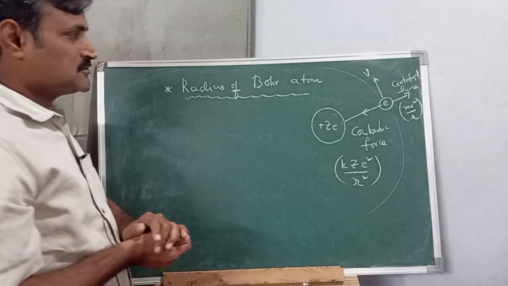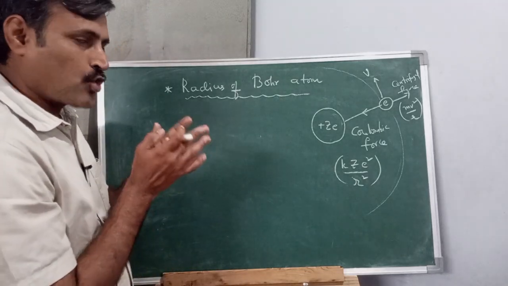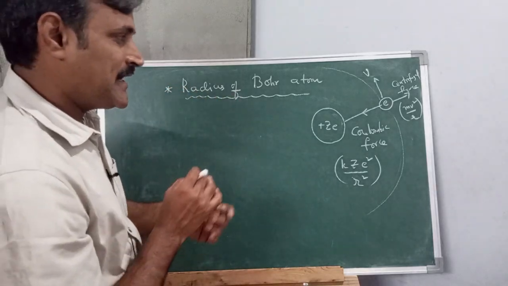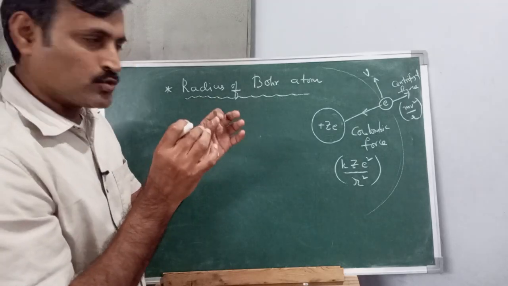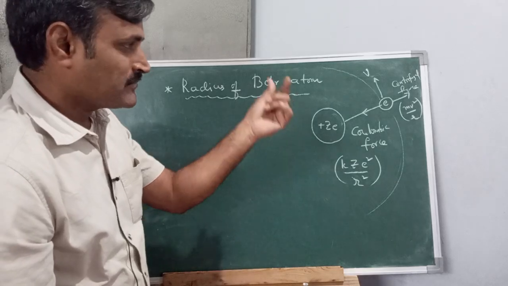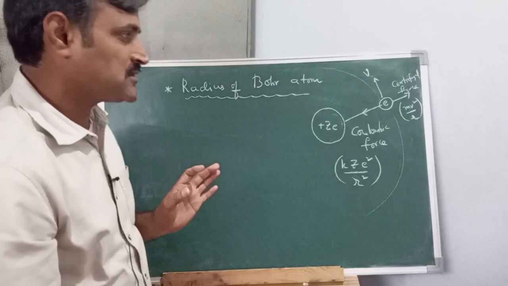Bohr's theory successfully explained this concept of forces of attraction, and to make the electron stable, it needs to continue in the orbit, meaning it has to maintain these forces equally. That's Bohr's model idea.